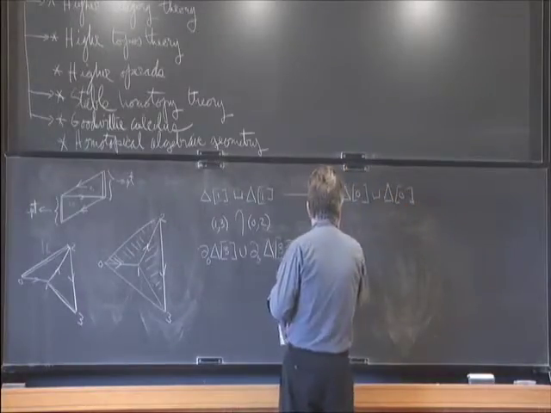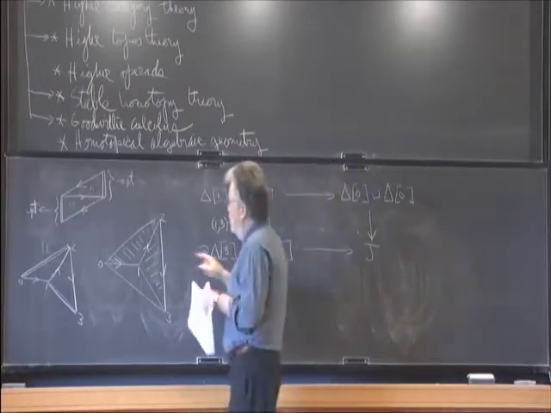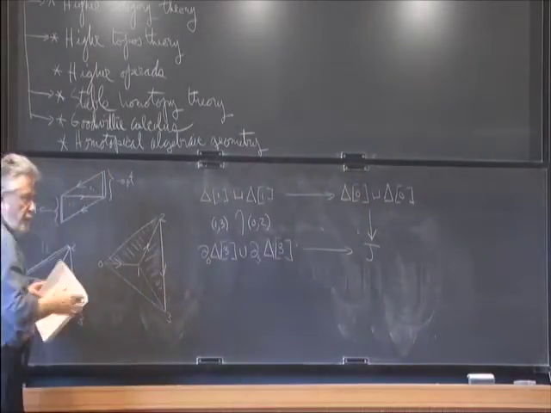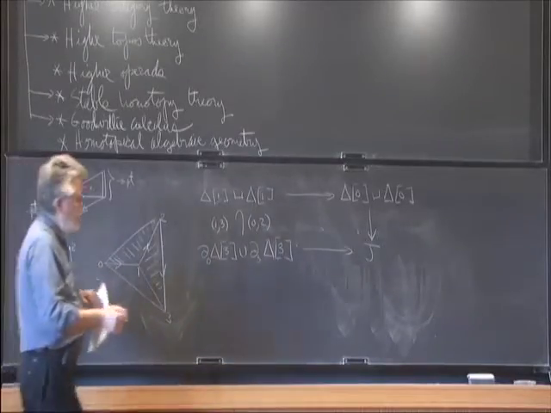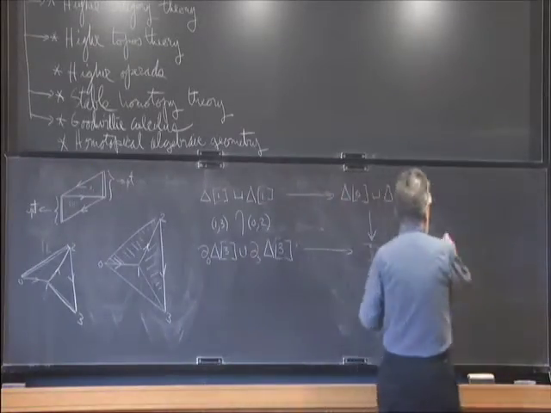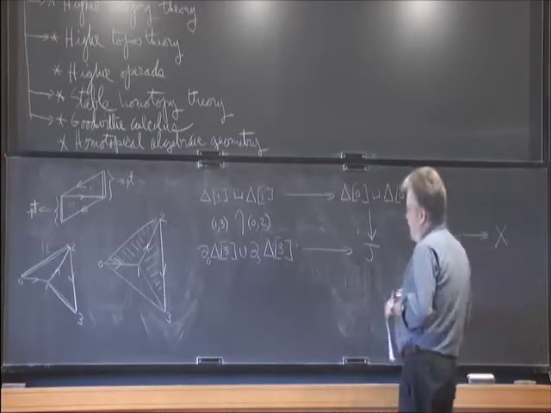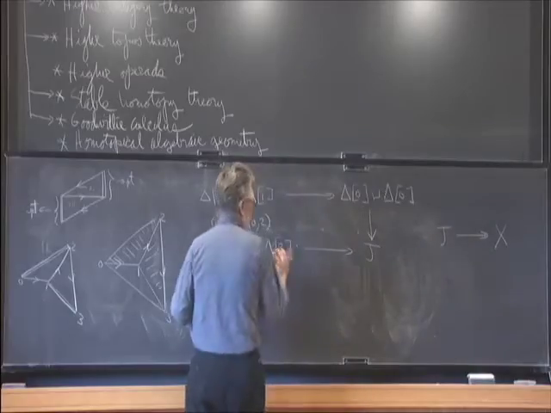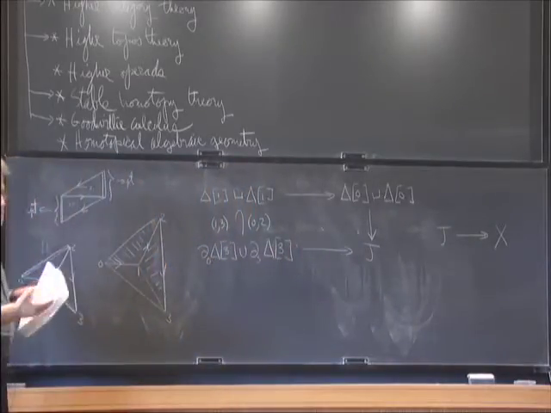And I take a pushout, and I get this picture of this diagram. And mapping this into a simplicial set, or any simplicial object, is like picking an arrow in X with a left and a right inverse.